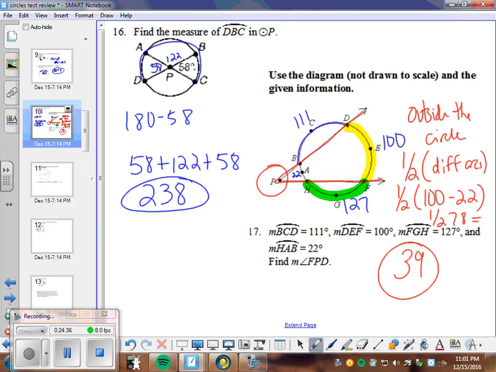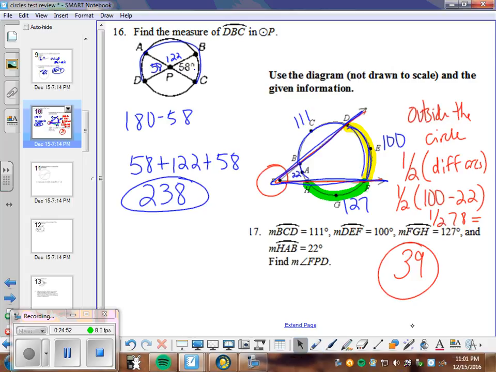They gave you all those extra arcs just to make sure you knew which arcs to subtract to get the difference. So remember, it's the arcs that are intersected by those lines. So that one and that one.